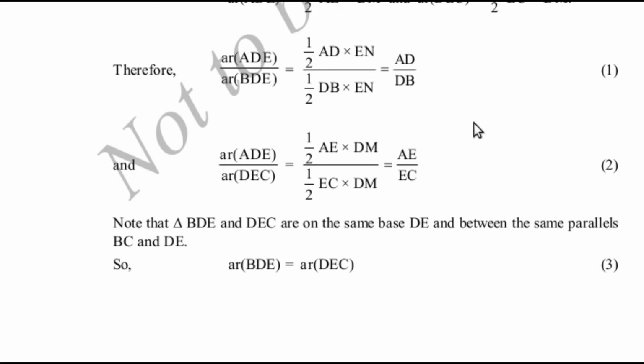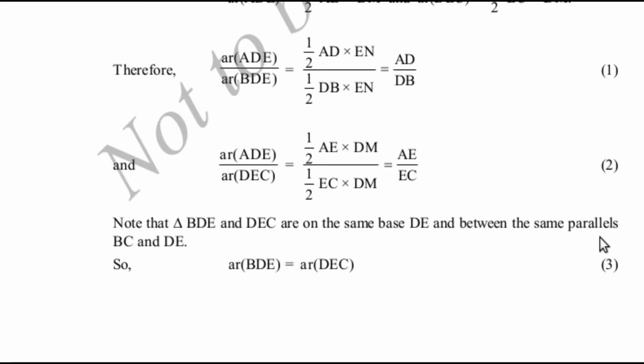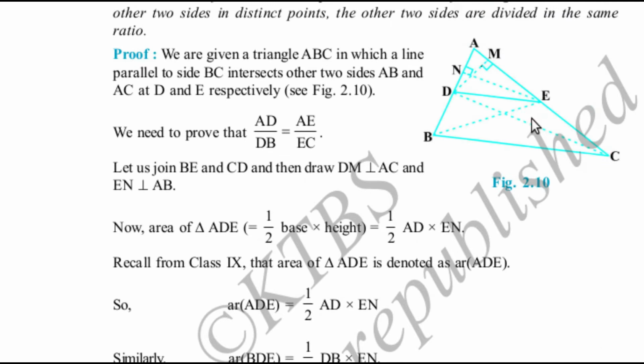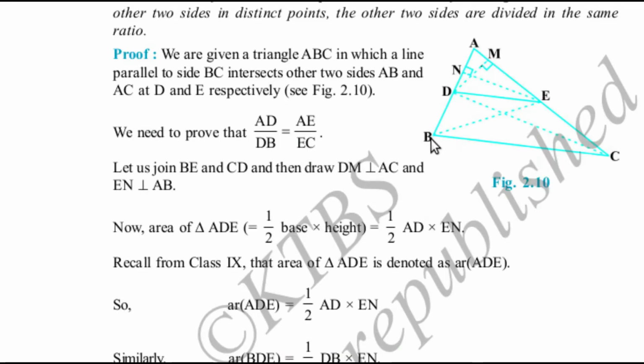Notice that triangles BDE and DEC are on the same base DE, and between the same parallels BC and DE. The area of triangle BDE and the area of triangle DEC are the same. This is a similar representation showing that the areas of triangle BDE and triangle DEC are the same.